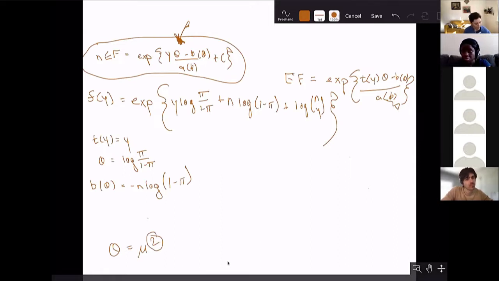If you were to instead say you're working with lambda as your original parameter and you get theta equals 1 over lambda, then 1 over lambda is your canonical link function. Does that make sense?